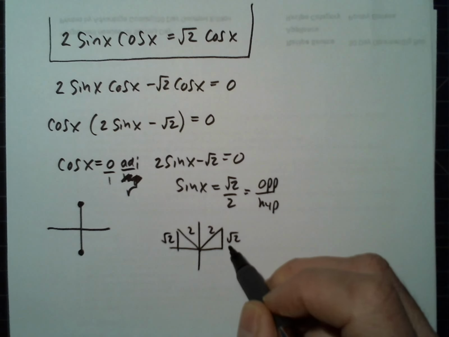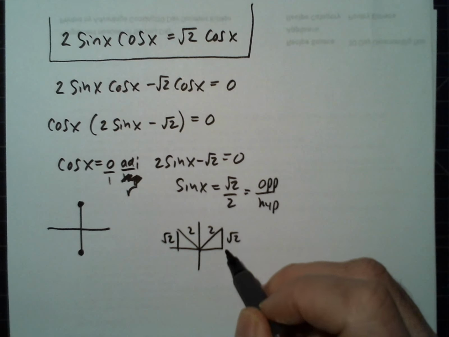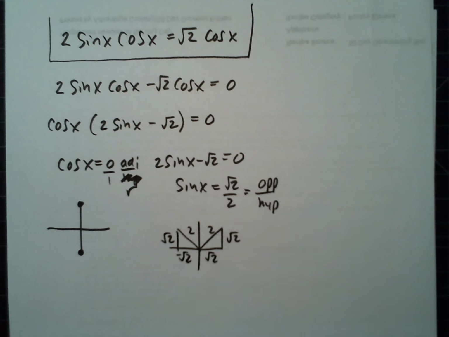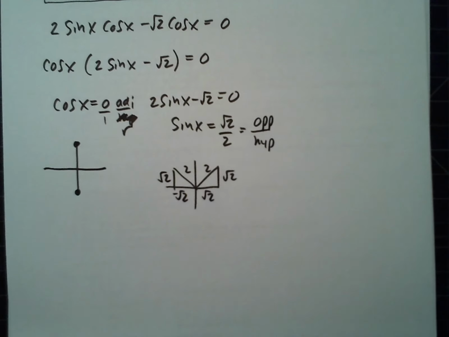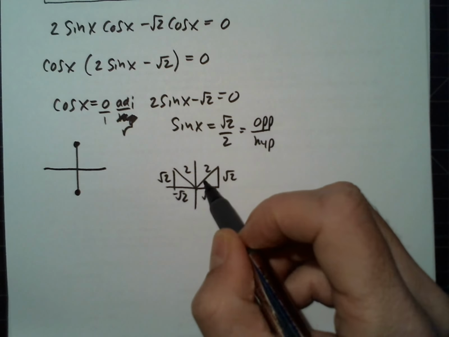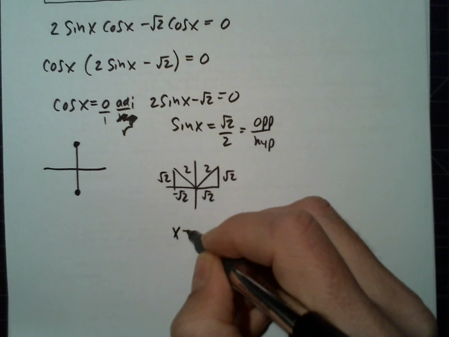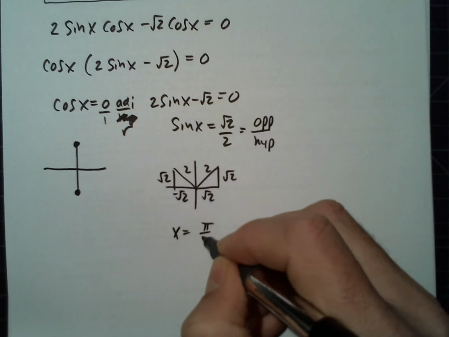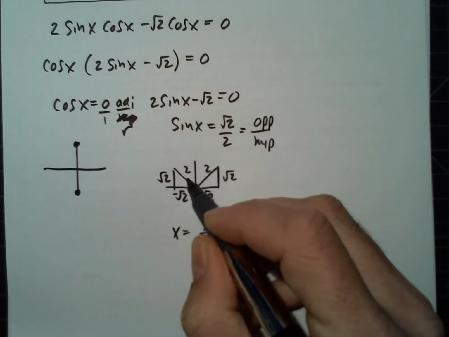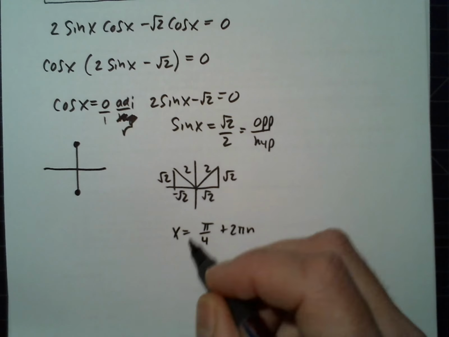And if you don't recognize this as a special triangle, you could do the Pythagorean theorem and we'll get that. And that's pi over 4. That is 3 pi over 4.